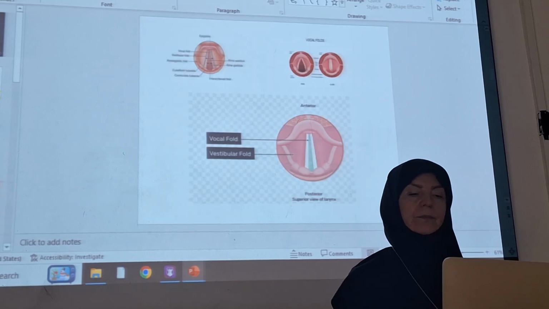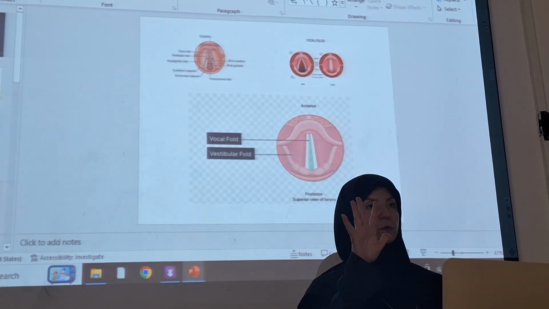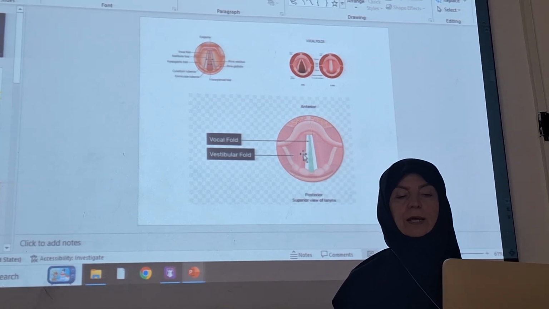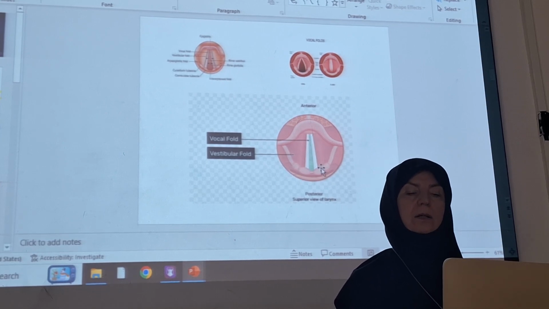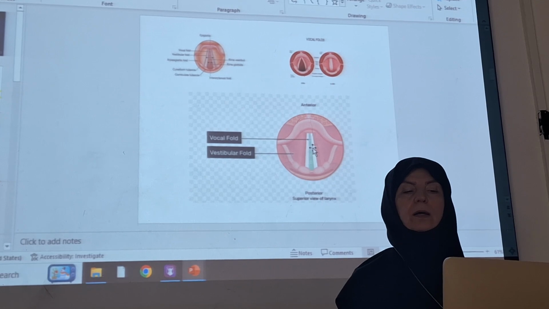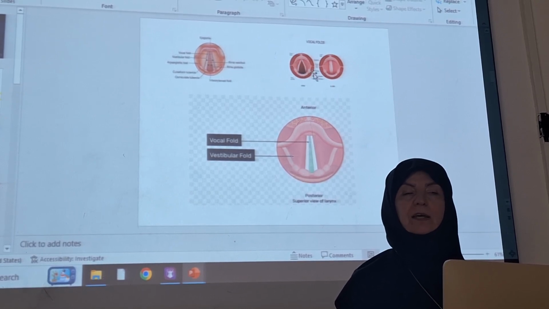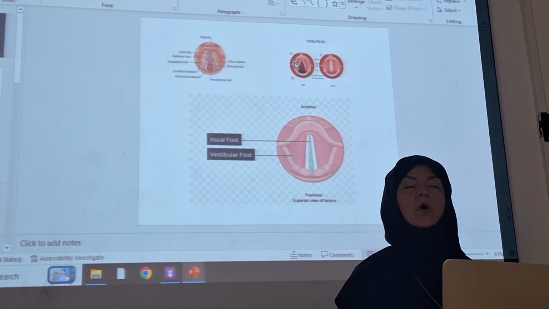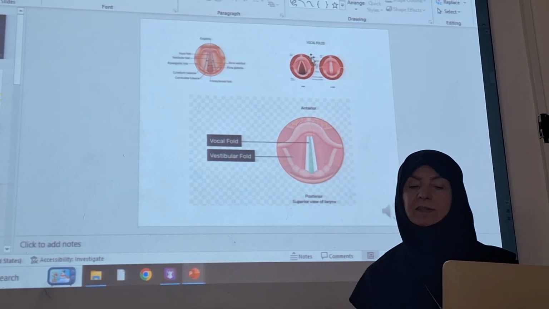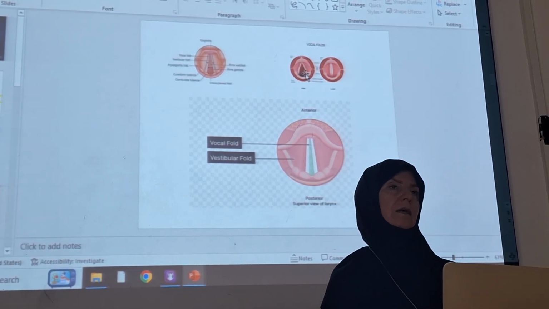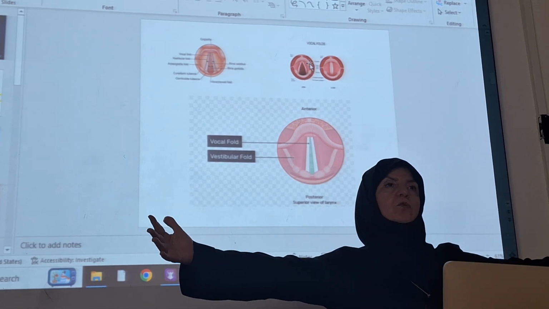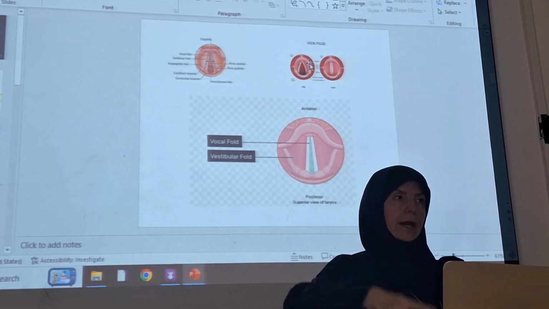Now here, we are looking with a laryngoscope from above. Look here. I am able to show you the vestibular ligament and the vocal ligament. Whether you are speaking, swallowing, or breathing, this space is going to vary. When you are breathing deeply, the vocal ligaments move far from each other to open the larynx.